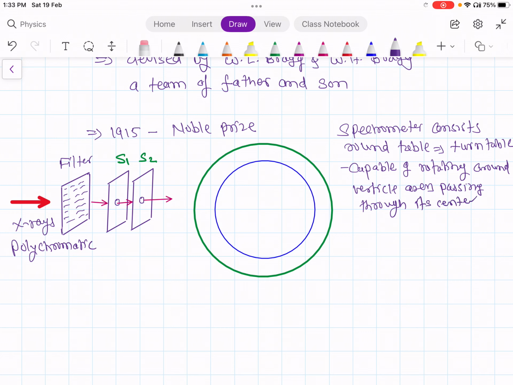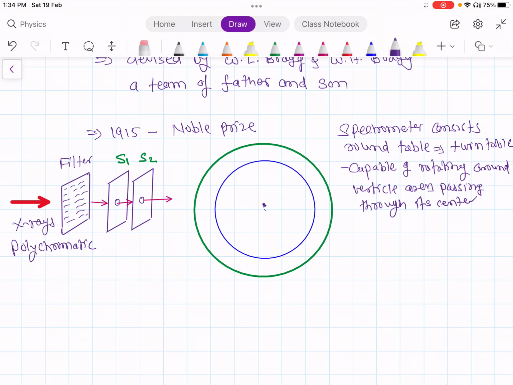So this is the turntable, and if this is the center of this table, then the normal to the center is the vertical axis, and this turntable can rotate about that vertical axis.